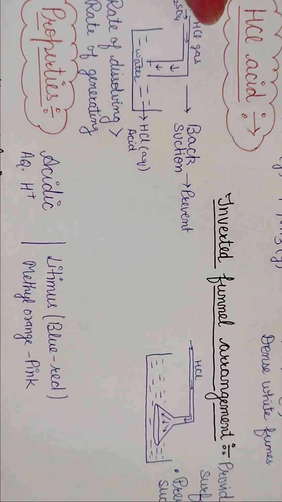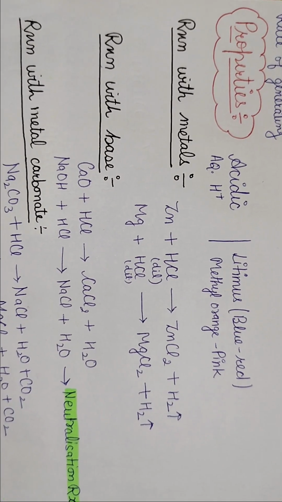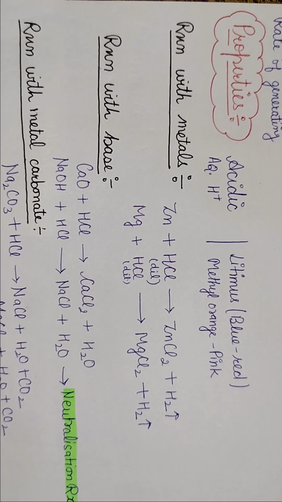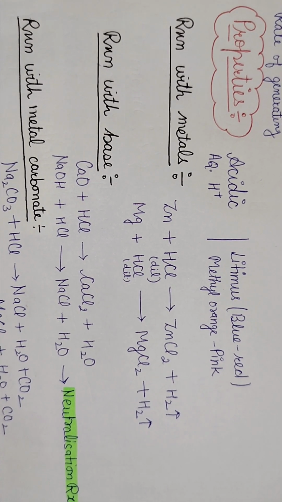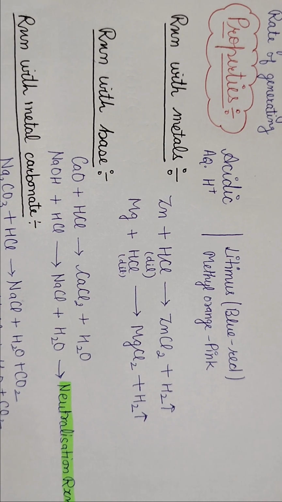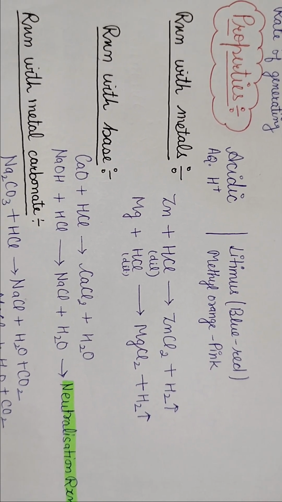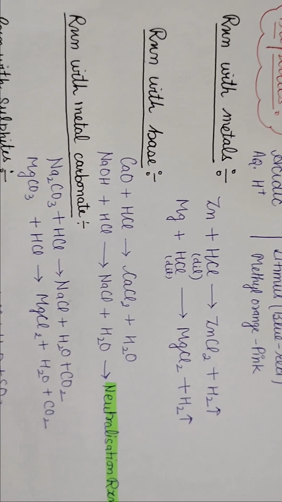Okay, then come to the properties. If we discuss the properties of HCl acid, not HCl gas, of course it will turn litmus from blue to red, being acidic in nature. In aqueous solution it will give H positive ions, and it will turn methyl orange pink in color.